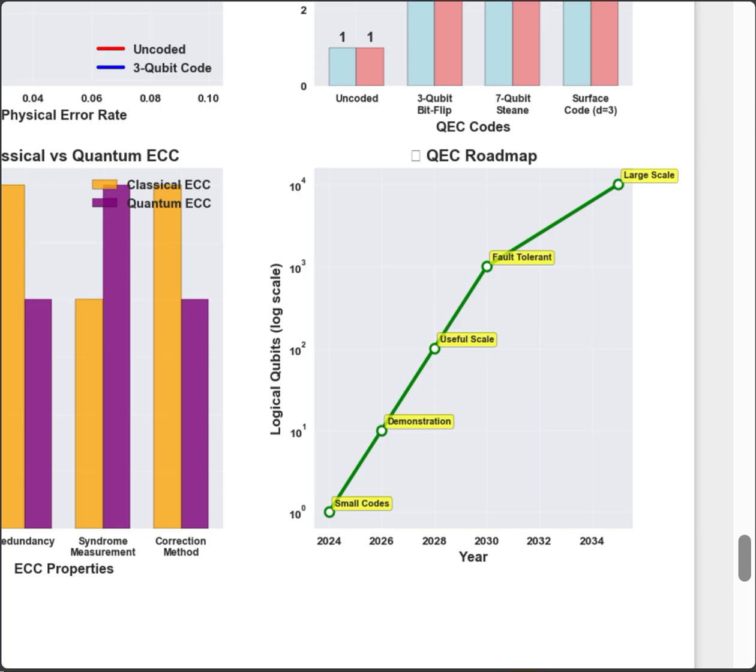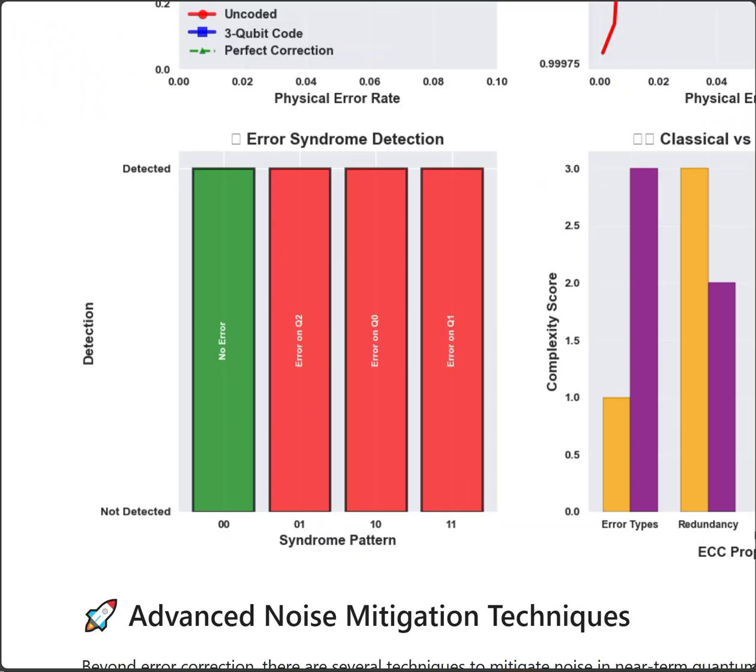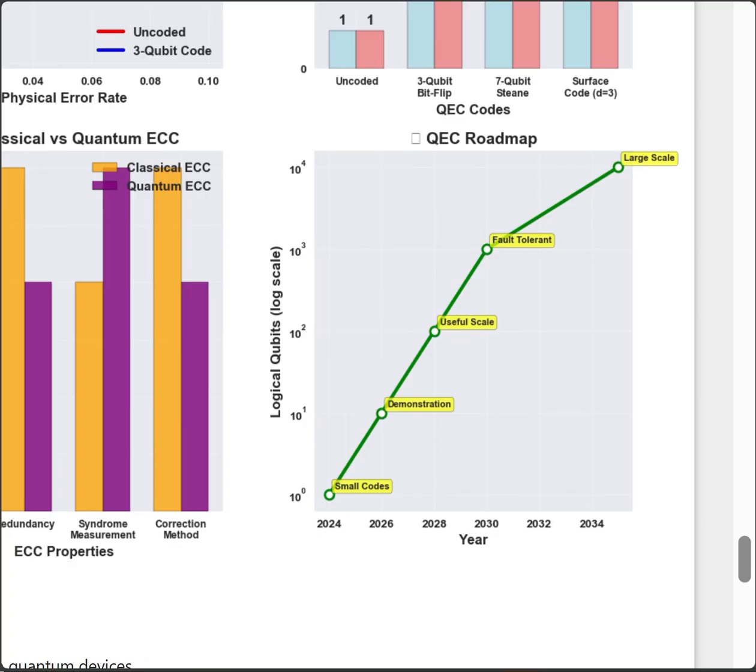For the quantum circuit roadmap, remember that you need an amount of logical qubits, not physical qubits. For small codes, at least right now, you have the order of 10 to the power of 0 for logical qubits demonstrated.